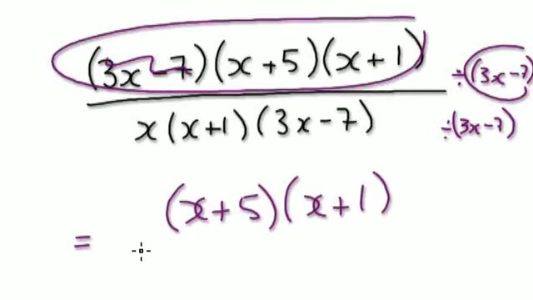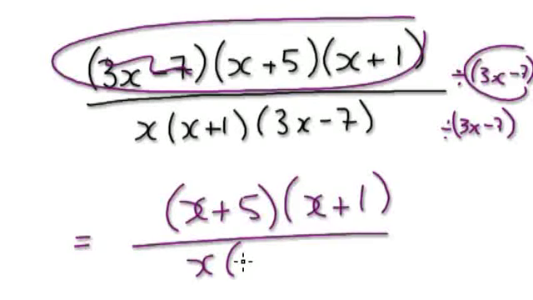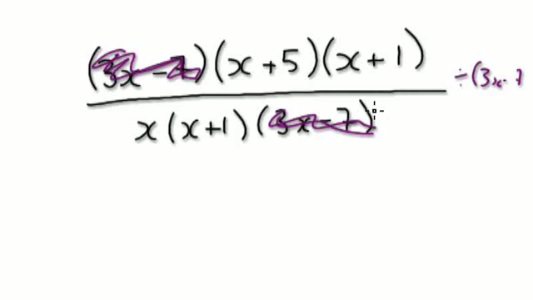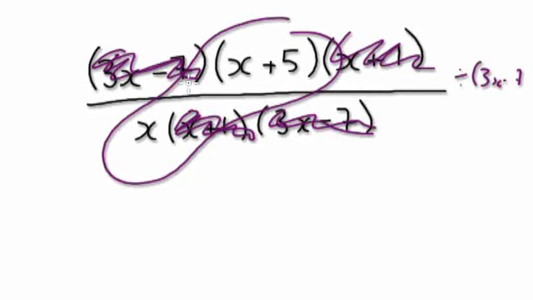And then down here you have x, and then x plus 1, and then your next step is to divide top and bottom here. But that's what's happening when you simply say, oh, this cancels out with this, because in effect you're dividing top and bottom by 3x minus 7. So that's why you can just do this, and then later on divide top and bottom by x plus 1. That's why you're able just to do this. Okay, so what's left would be this fraction.